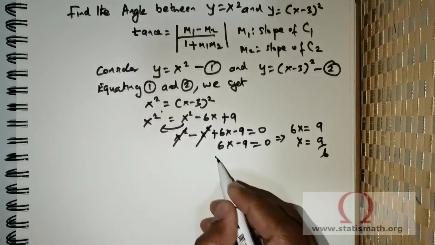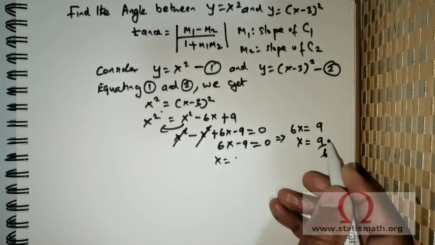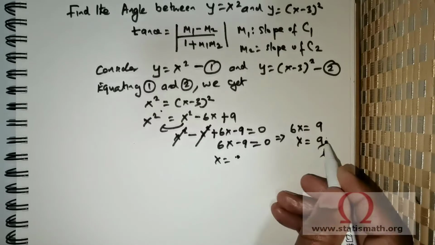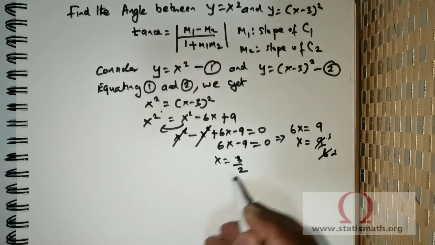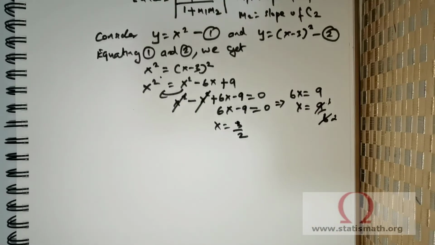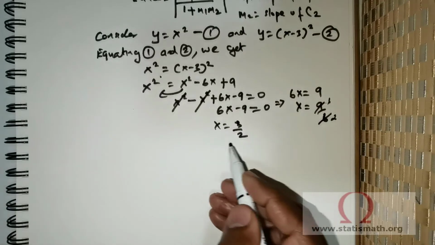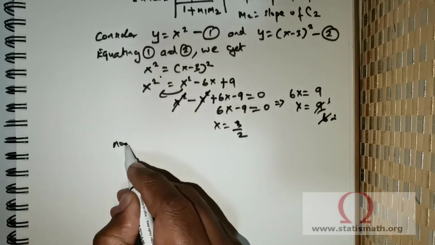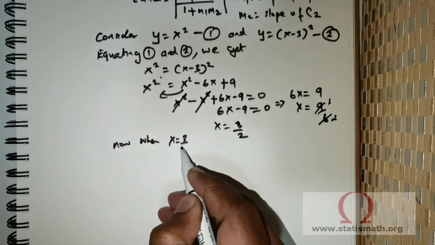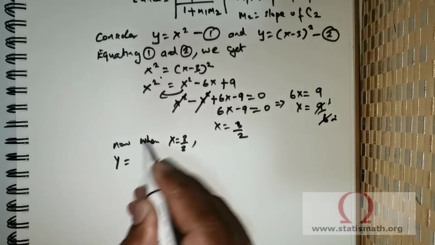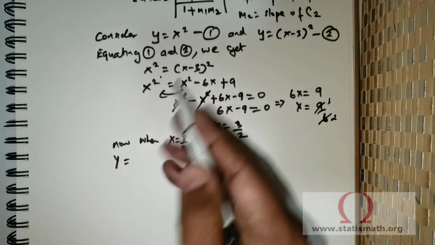I can rewrite this as, because 3 divides 9 3 times, 3 divides 6 2 times, x is equal to 3 over 2. So this is the point we are looking for. Now we need to know when x is equal to 3 over 2, what happens to y? Just substitute in 1.